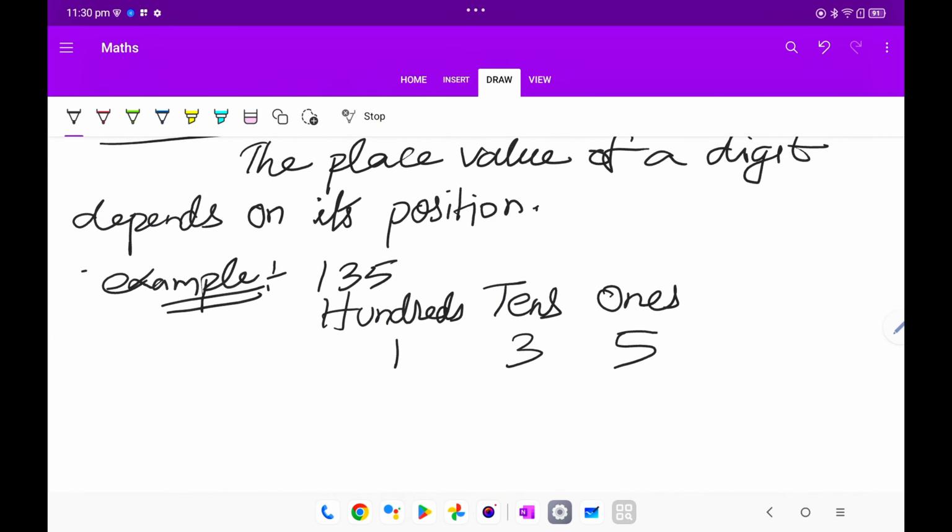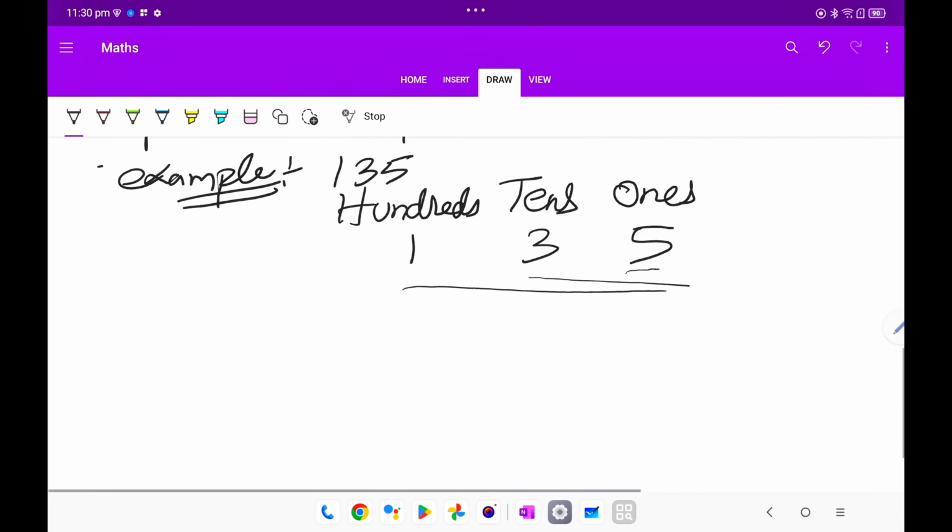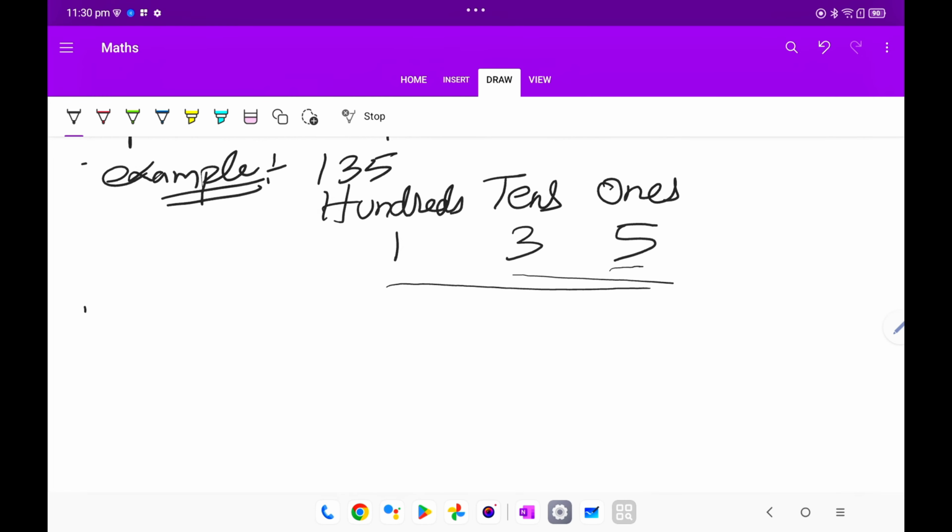For example, if you see only this number, this is 5. If you see these two numbers, it will be called 35. If you read out all three numbers, it is 135. Now in the same question, the question will be given like, find the place value of the underlined number.